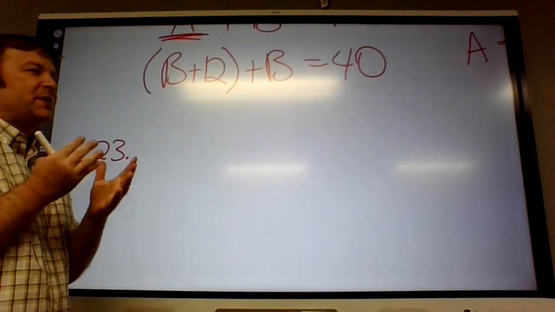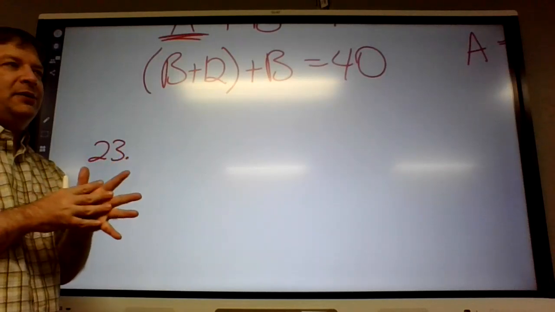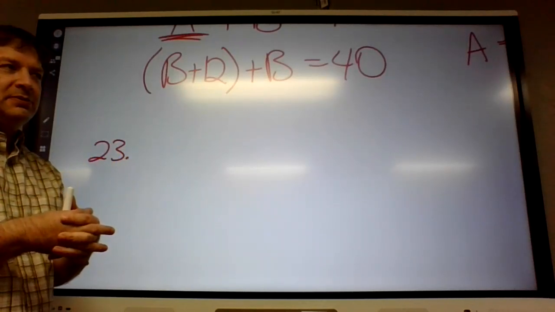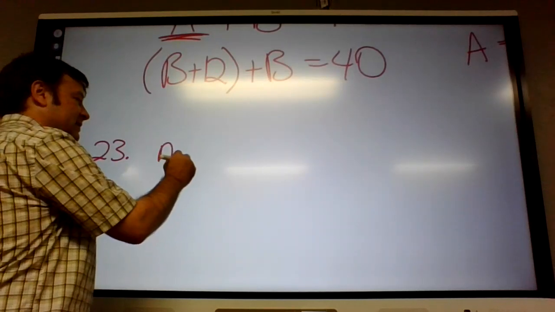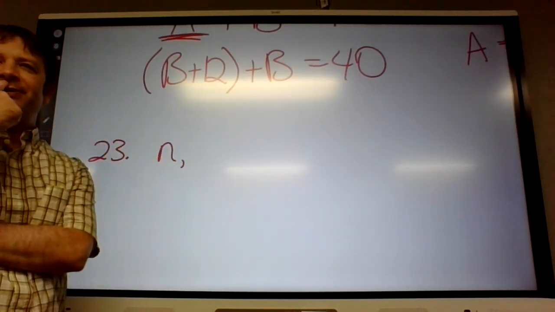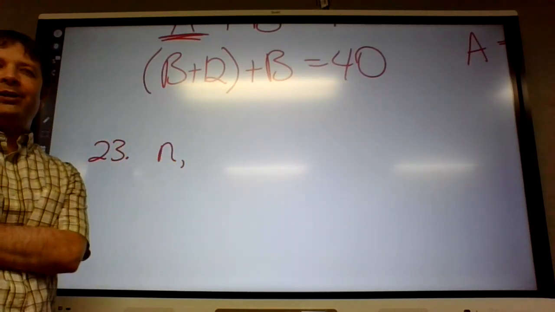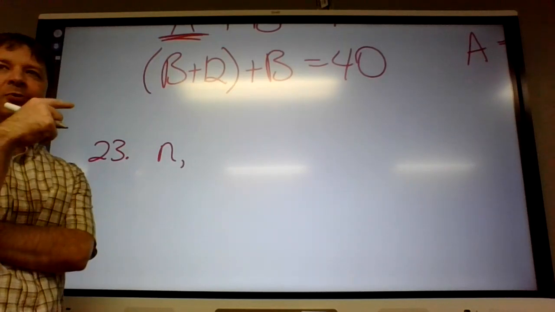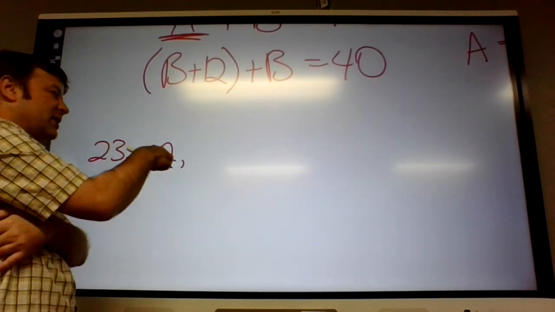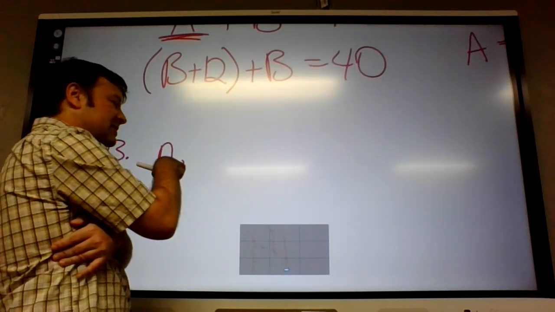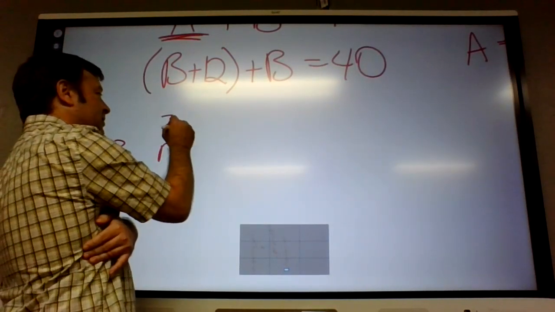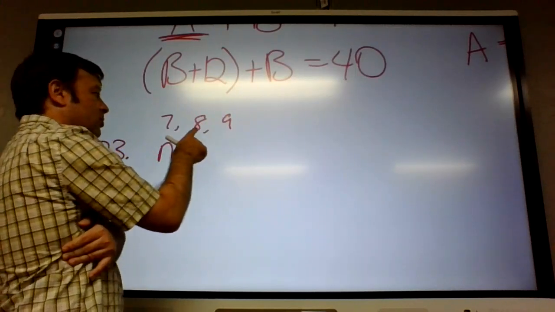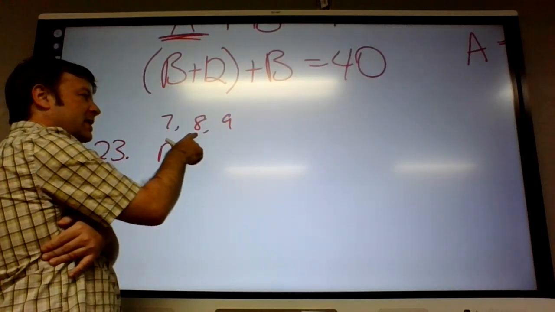So if I don't know what the consecutive integers are, how do I write them with variables? Well, if I call the first one n, what could I call the next one? Okay, we could call it m. Here's the problem. If we have more than one variable, that's a problem. But if we're talking about consecutive integers, let's say they're like 7, 8, 9. What do we know is always going to be true about the next integer?